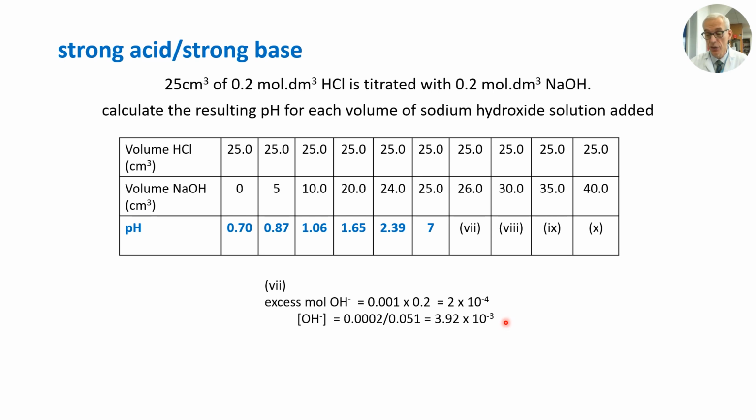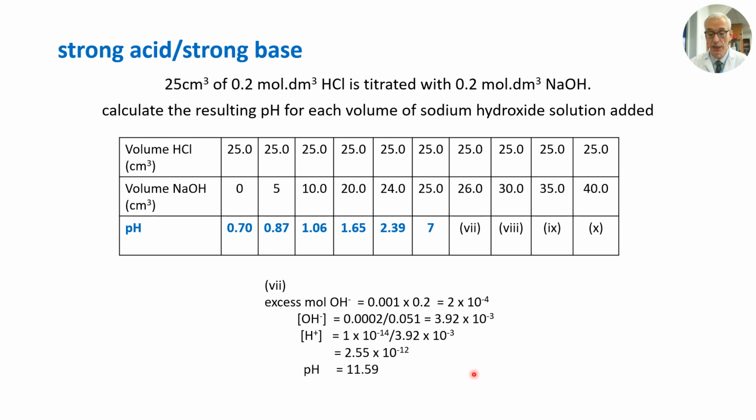That's the concentration of hydroxide ions, from which, using Kw at 1 times 10 to the minus 14, dividing by the concentration of hydroxide ions, we achieve the concentration of hydrogen ions at 2.55 times 10 to the minus 12.